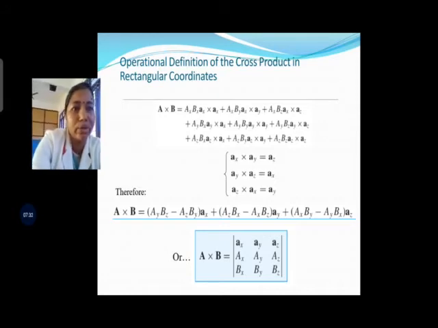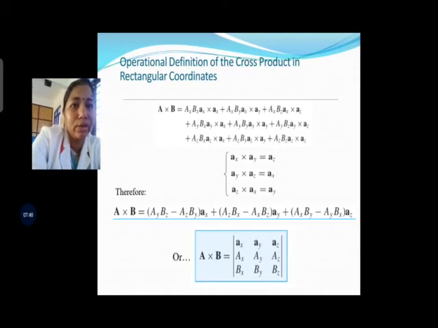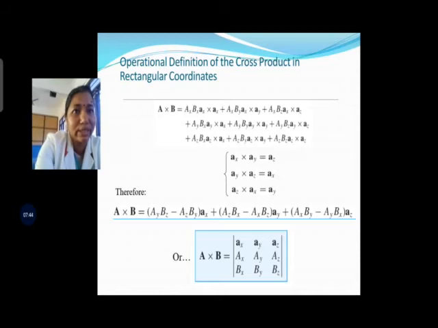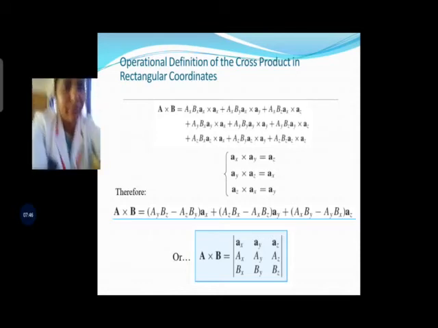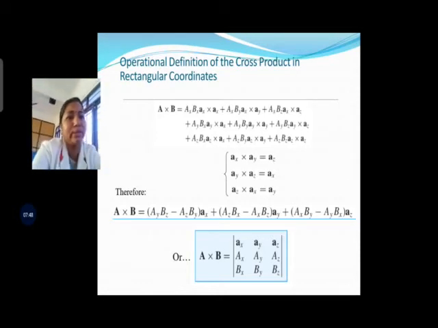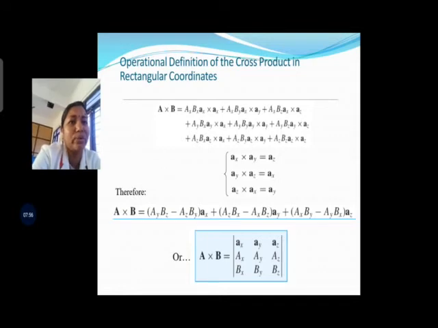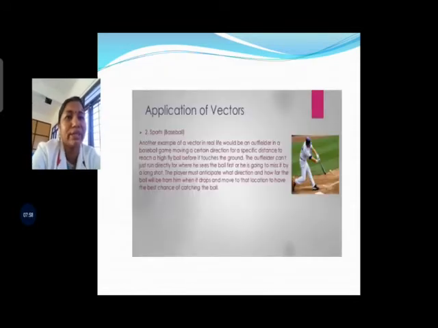So alternate things multiplied give you another answer for the cross product. If you multiply the same thing, you will get 0. So we substitute these things in the cross product, then we will get this matrix: ax, ay, az and bx, by, bz in matrix form. Now we multiply, then we will get the answer.